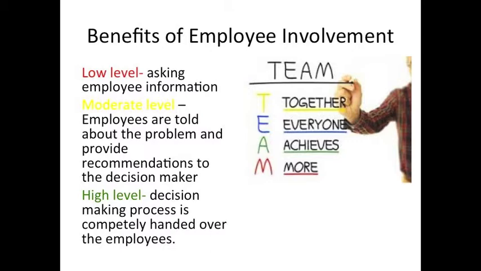Benefits of employee involvement mean improved decision quality by recognition of the problem. They include the number of quality solutions, so basically two heads are better than one, and improved evaluation of alternatives.